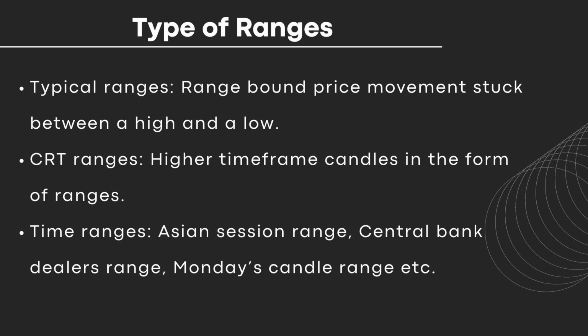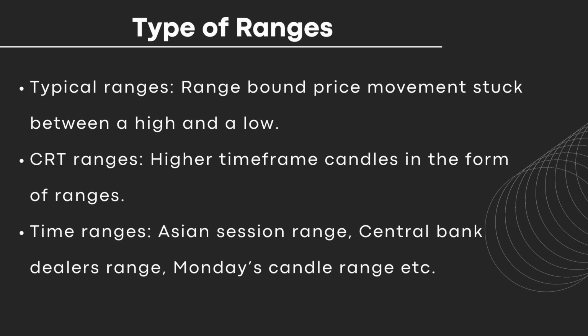Higher time frame candles that are used as ranges on the lower time frame are called CRT. CRT are dynamic and objective because they've got fixed objective highs and lows, including opening and closing times, because after all, they are basically a candle. So CRT ranges are one of the most high probability ranges.